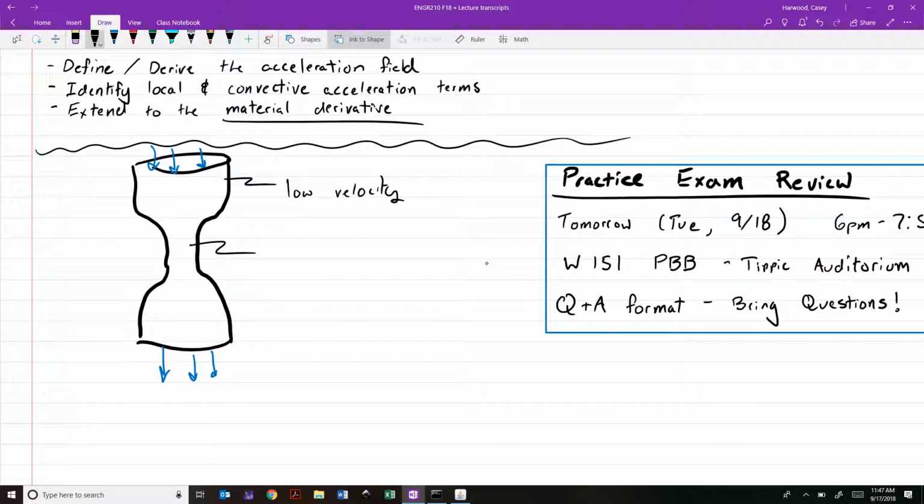This region here is going to be relatively high velocity, and this region here, once again, will be relatively low velocity.